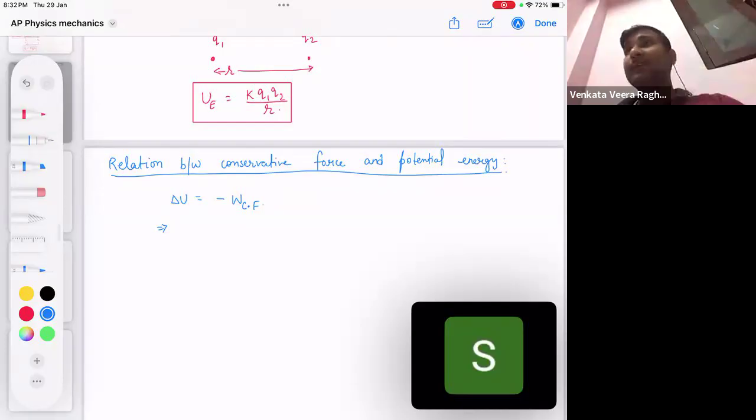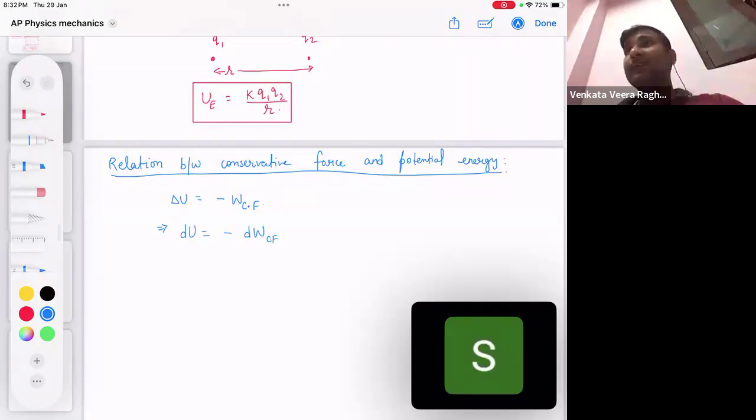In differential form, can I write dU equal to minus dW of the conservative force? A small change in potential energy is equal to the negative of a small amount of work done by the conservative force.